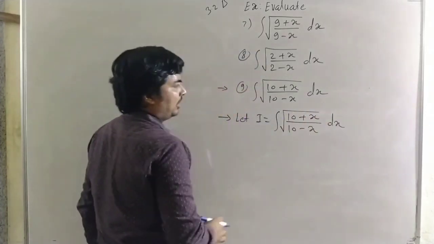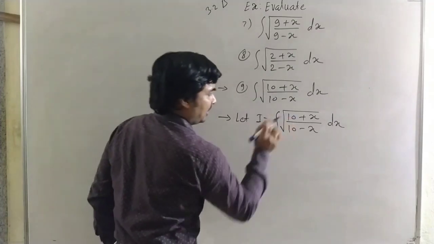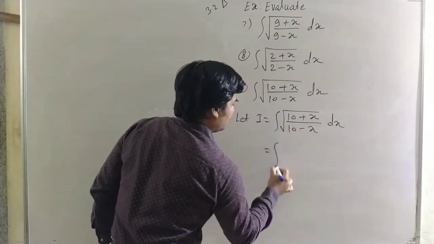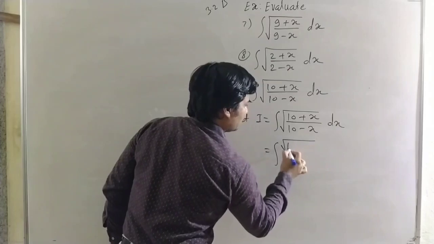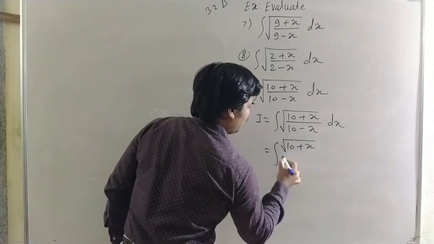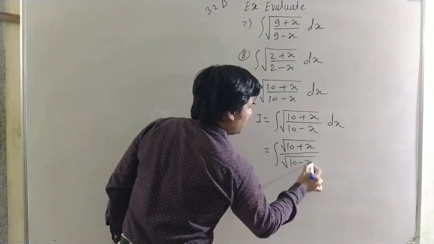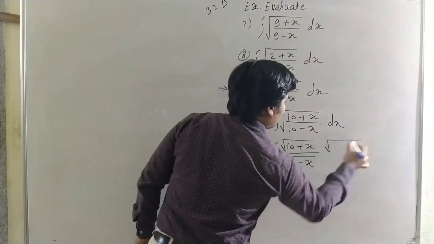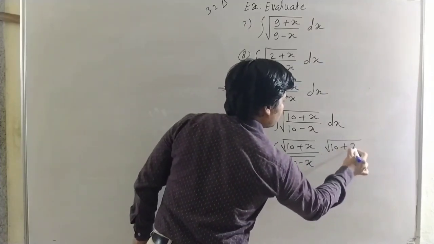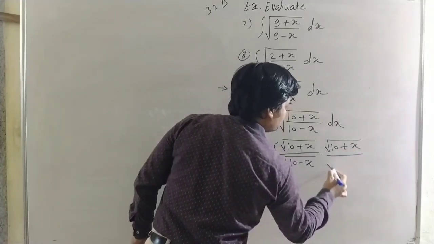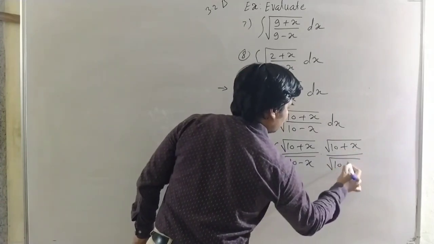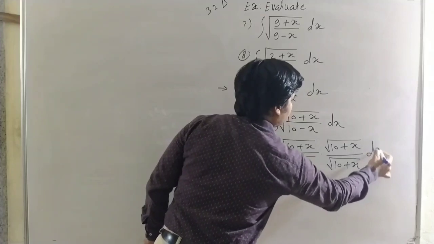Now here again we multiply the numerator and denominator by under root 10 plus x. So we get under root 10 plus x upon under root 10 minus x into under root 10 plus x upon under root 10 plus x dx.